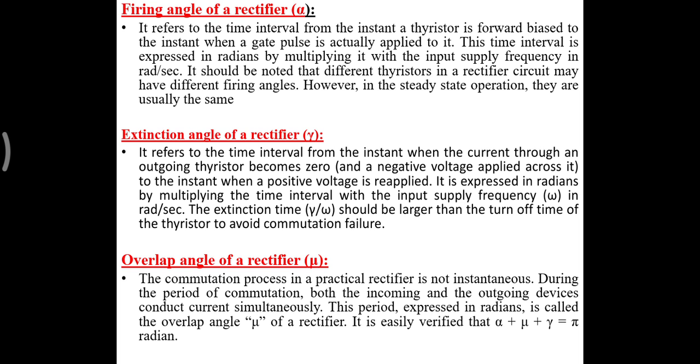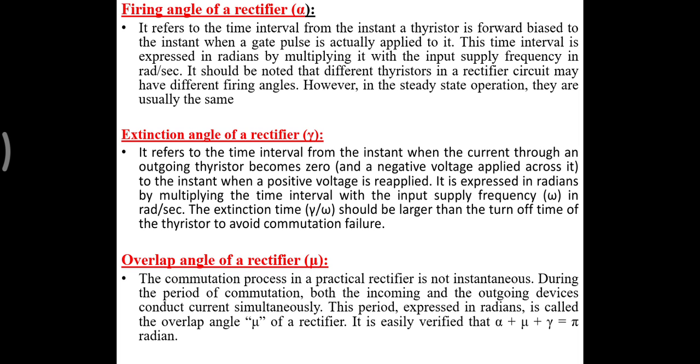But this does not happen in some situations where we are using inductive loads. At that situation, even though the input positive cycle reaches 0, the output does not reach 0. It extends up to some angle because of the inductive load. This is called the extinction angle of the rectifier.